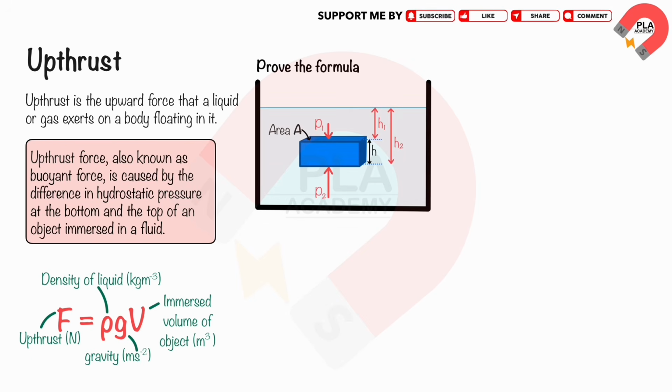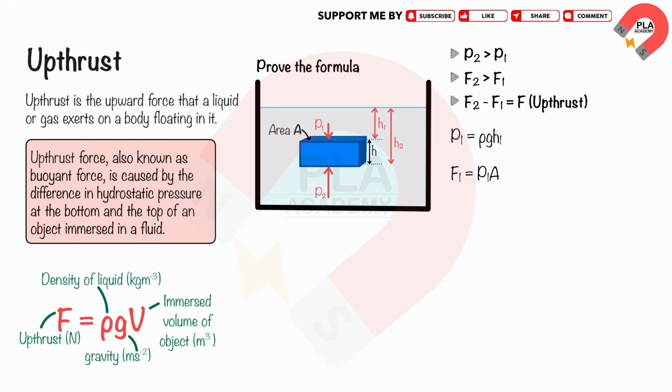We can prove the formula of the upthrust as follows. Pressure at the bottom, P2, is greater than pressure at the top, P1, resulting in a greater upward force, F2, than downward force, F1. This difference in forces, F2 minus F1, is the upthrust F. P1 equals ρgh1.